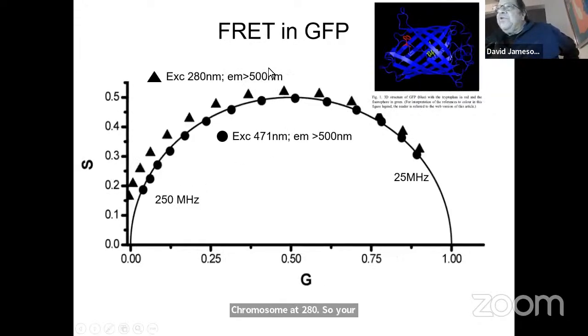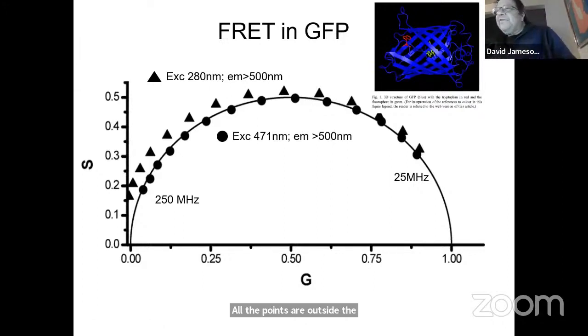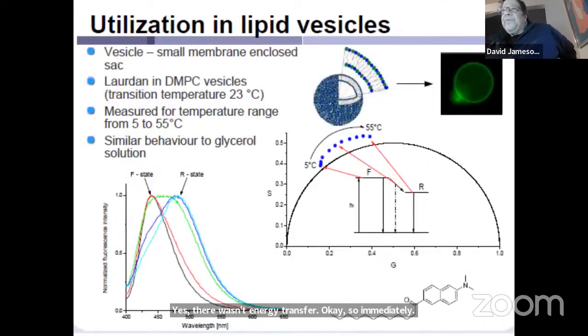So you're exciting it at 280, but you're looking at the emission of the chromophore greater than 500. All the points are outside the universal circle. This immediately tells you there was energy transfer. I'm not trying to resolve the component magnitudes or anything, but I'm looking to see, yes, there was energy transfer. So immediately it illustrates how useful these phasors can be in such a case.